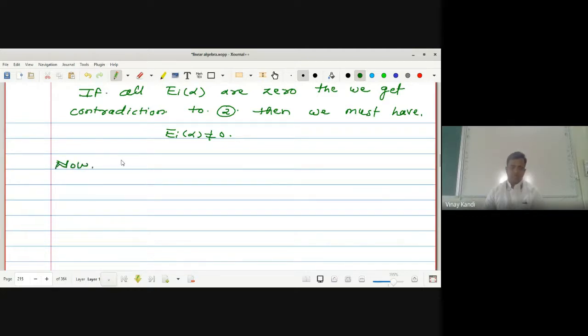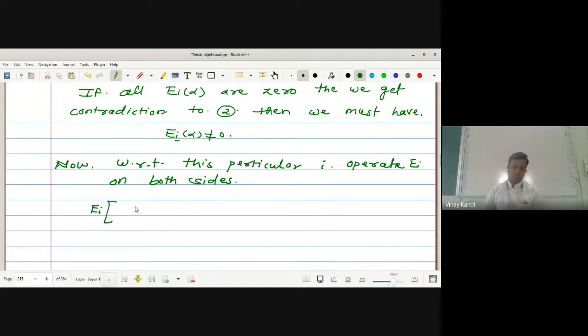Okay, with respect to this particular i, operate Ei on both sides. Okay, what we get then is Ei of summation, j equal to 1 to k.